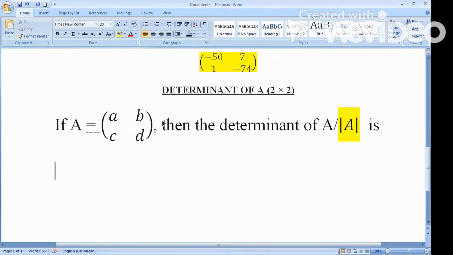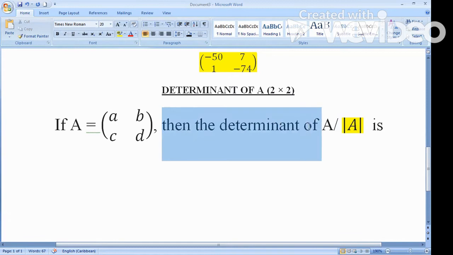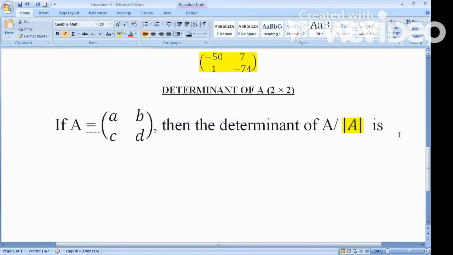They can actually just state it like this, determinant of A, or this is a symbol that you use. It's not a bracket, it's like two vertical lines. So either they state it like this, or you have it like that.